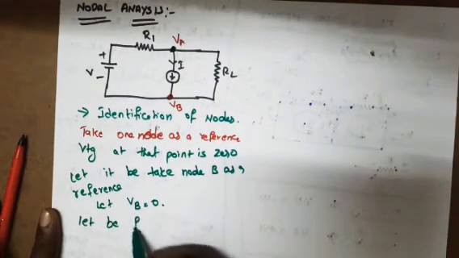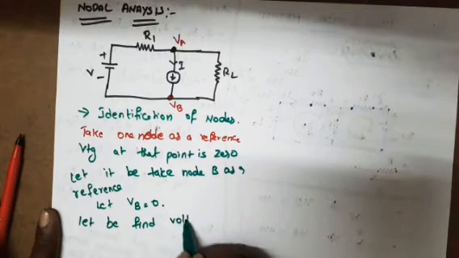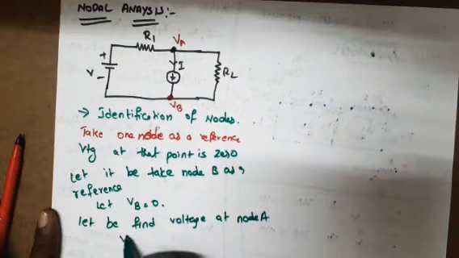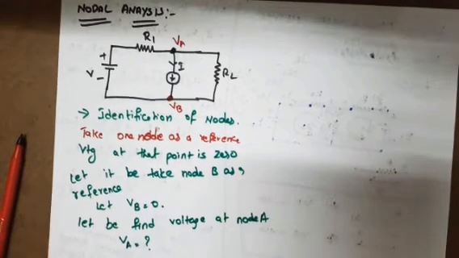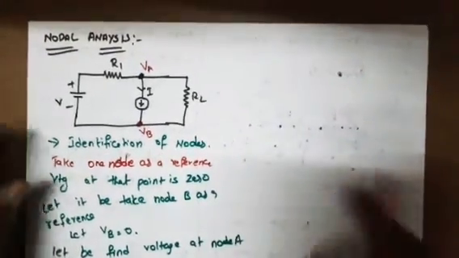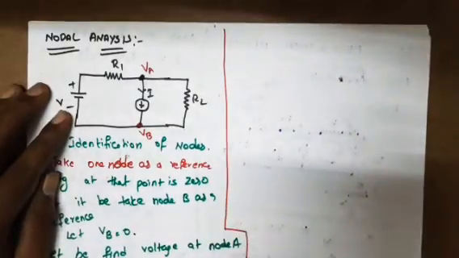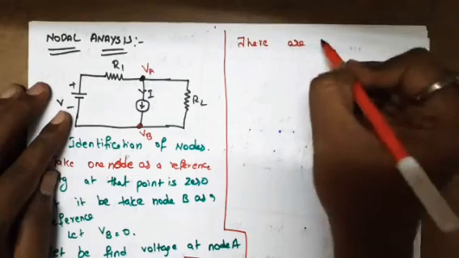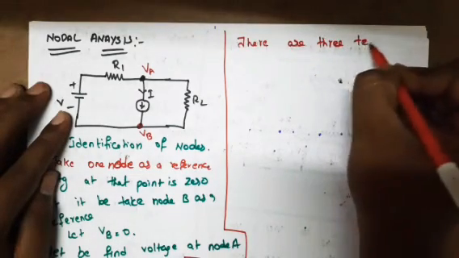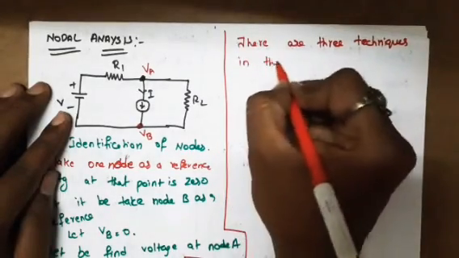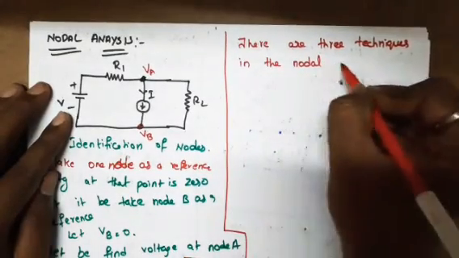Let's find the voltage at node A. VA is equal to question mark, because we are going to find the voltage at the other node. There are three techniques in the nodal analysis.